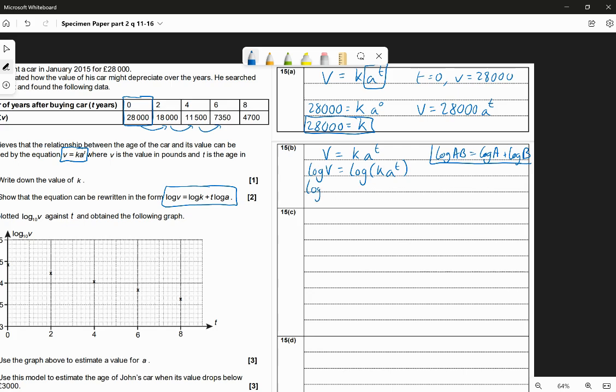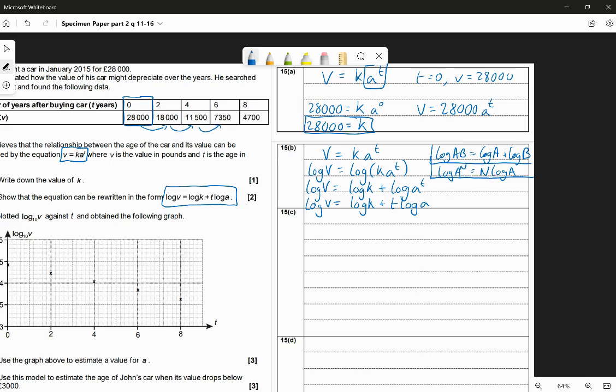The right-hand side then becomes log of K plus log of A to the power of T. The other log law I'm going to use is the fact that log of A to the power of n is the same as n lots of log A. So therefore log A to the power of T can become T log A. So I then have log V equals log K plus T lots of log A.